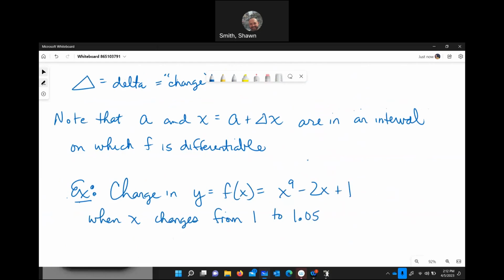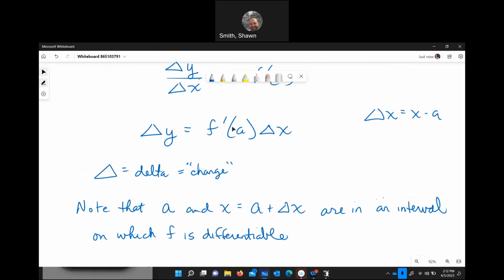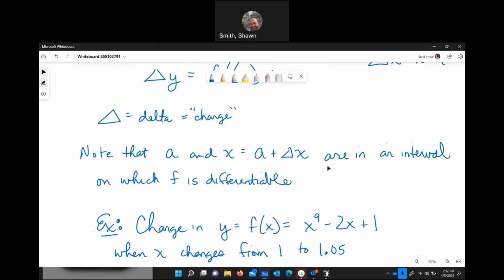Now you can go old school and figure this out. Evaluate x as 1, evaluate x to be 1.05, get the two y values, subtract the two y values, that's your change in y, right? But we know change in y is equal to, right here, f prime of a times change in x.